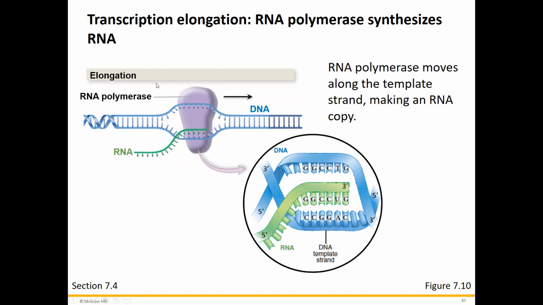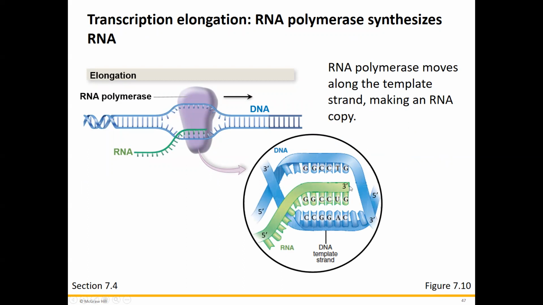So what does it look like as the RNA polymerase brings the nucleotides to the DNA? It's going to be called elongation. And here is the picture that they showed you, and then they zoom in so that it makes a little more sense. Notice they've applied the 5' and 3' directionality of the DNA molecules.